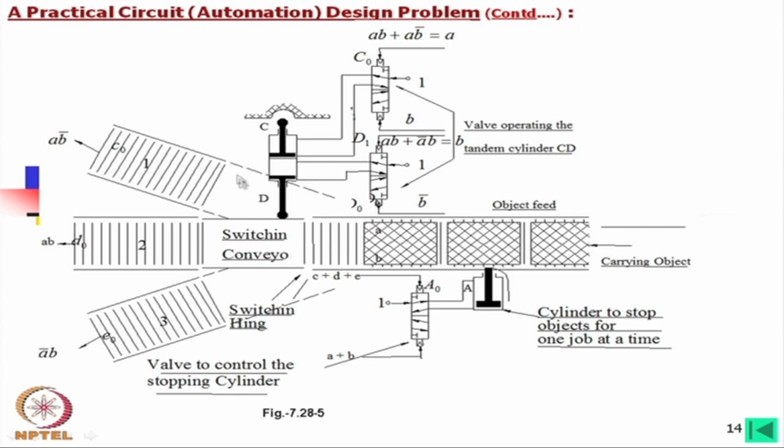Whereas, if you look into this cylinder, this is a special cylinder. In this cylinder, the middle portion is closed. That means, as if there are 2 cylinders, this can be constructed by simply taking these 2 cylinders and coupling them in the reverse direction.